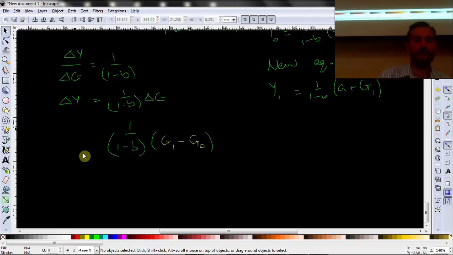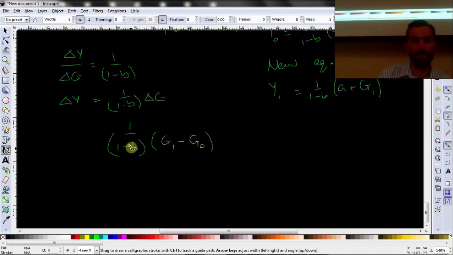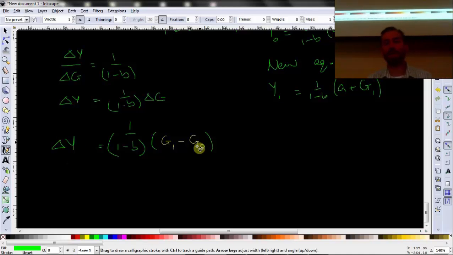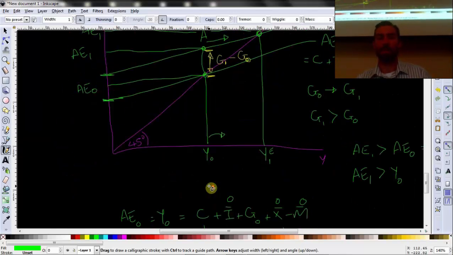What will the change in Y be? The change in Y is not the same as G1 minus G0. The change in Y is G1 minus G0 multiplied by our multiplier. In other words, where is the change in Y?